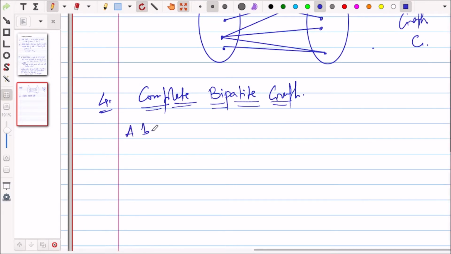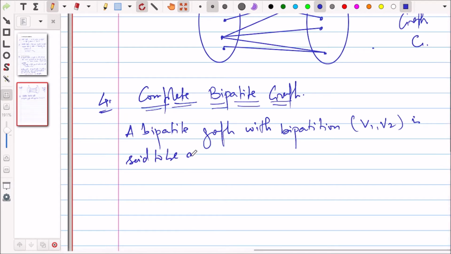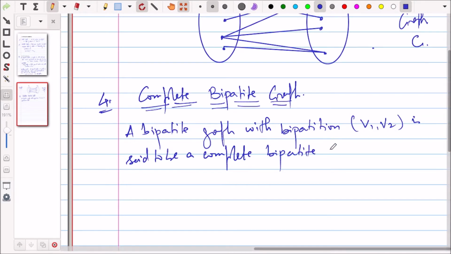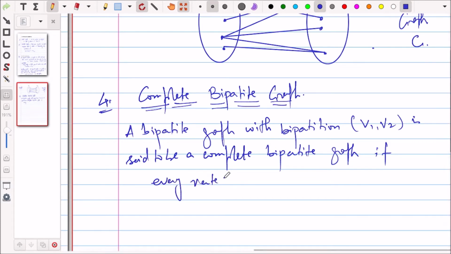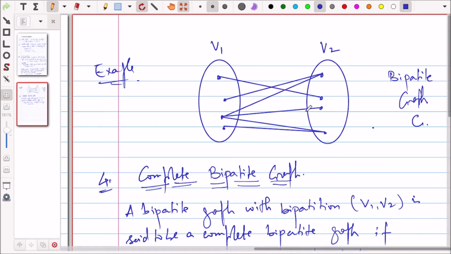So a bipartite graph with bipartition V1 V2 is said to be a complete bipartite graph if every vertex in V1 is adjacent to every vertex in V2. ठीक है, यहाँ पे क्या है, कुछ vertices if you see, then this vertex is not adjacent to this vertex, right?